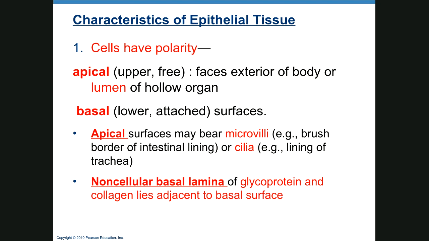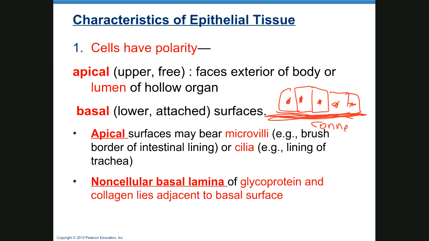So the apical surface, so this is the tissue right here, made of cells. So this is a layer of epithelial tissue, and these are the little cells that make up the tissue. The nuclei of the cells are the red dots. The basal surface of the tissue is down here, sitting on connective tissue. Okay.